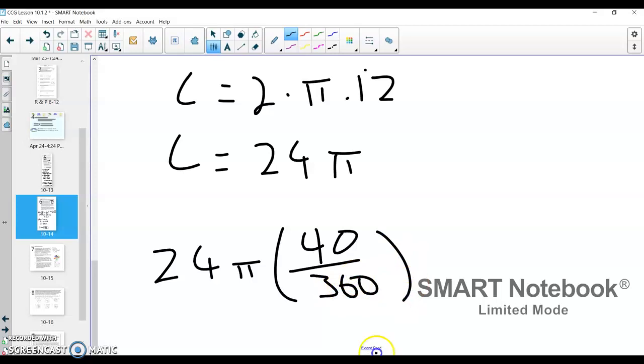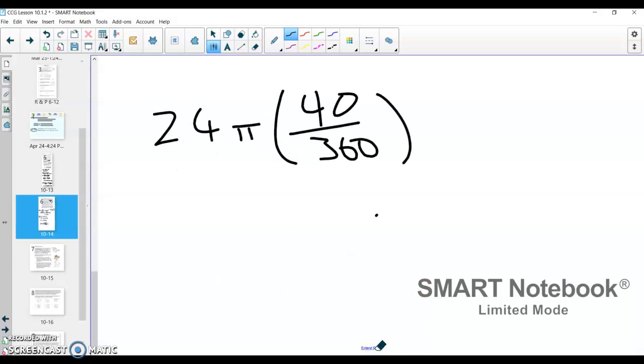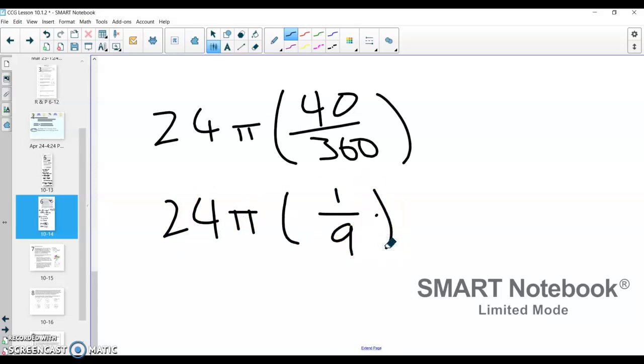I actually could reduce that down. I could make this 24 pi and multiply it by 1/9. It's the same fraction, just reduced. Then I just do it in my calculator. I put in 24 pi in parentheses, and then multiply it by 1 divided by 9 in parentheses, and it gives me an answer, an arc length.